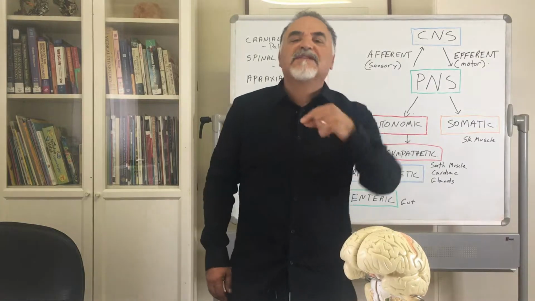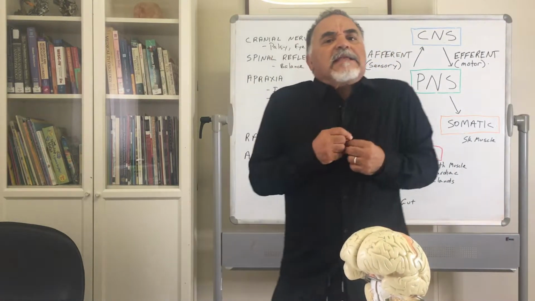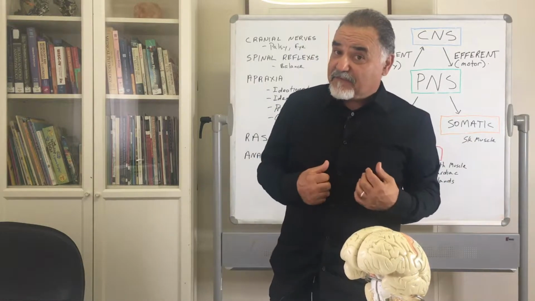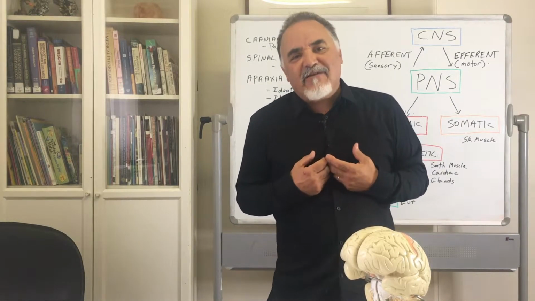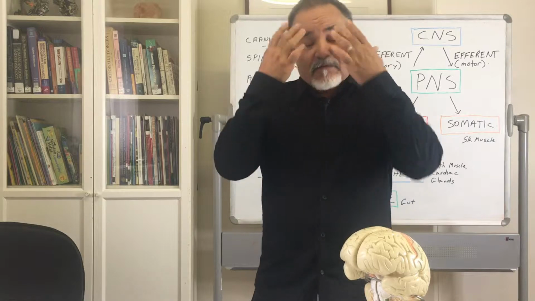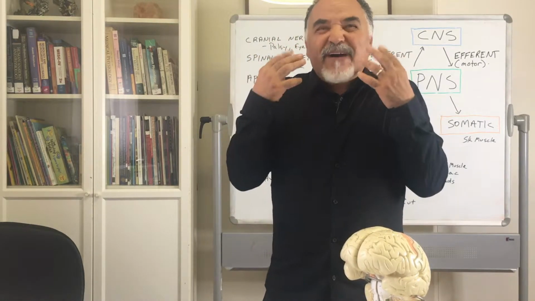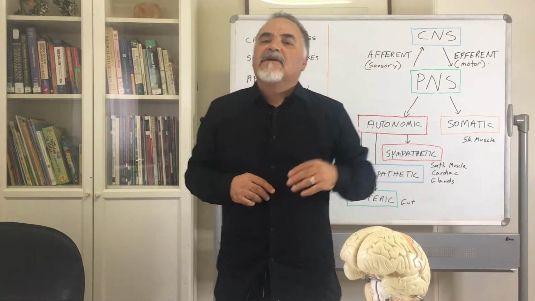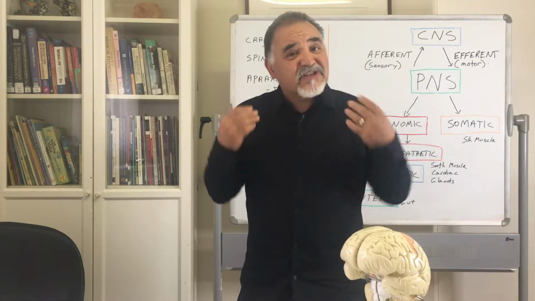The somatic nervous system is the voluntary nervous system, and the somatic nervous system innervates or controls skeletal muscle. So all of the movements that I'm doing voluntarily, that is my fingers, my talking, the movement of my head, etc., etc., my facial features, these are all part of the somatic, all under somatic control, because it's moving skeletal muscle voluntarily.